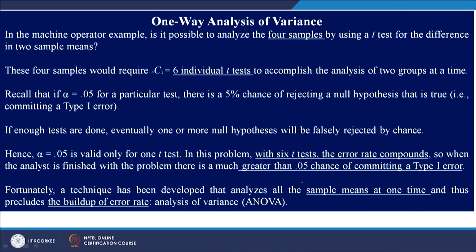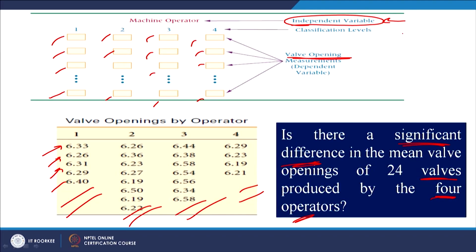If you look at the machine operator example, we can find out the difference in means of these 4 workers using the t test, because there are 4 workers, right. So, we can perform a t test between first and second, then first and third, first and fourth. So, how many t tests would we be performing? 3, right.